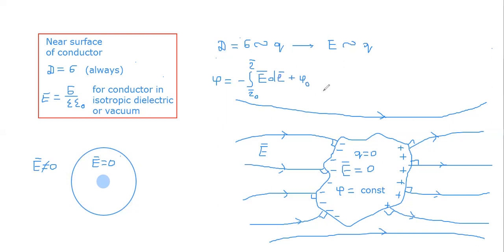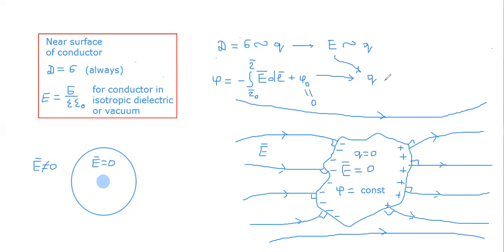We can choose any phi 0. Let's choose it equal to 0.